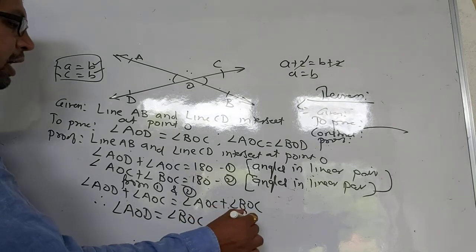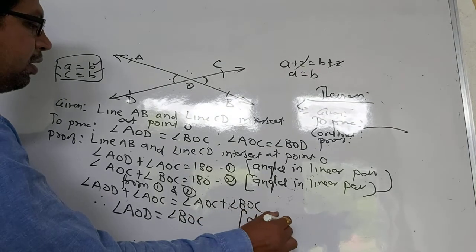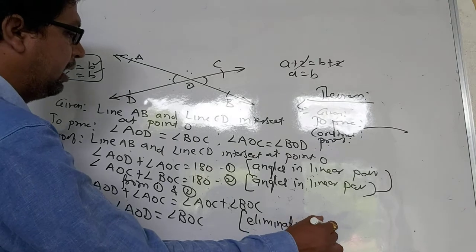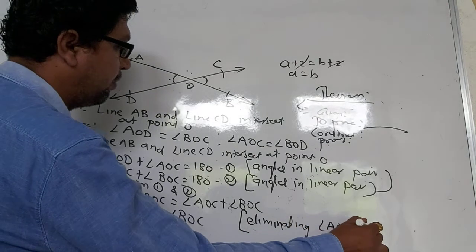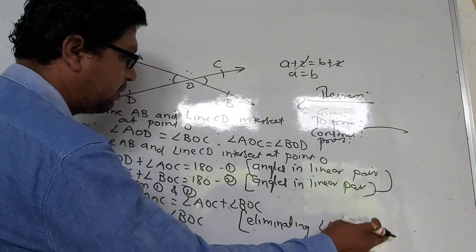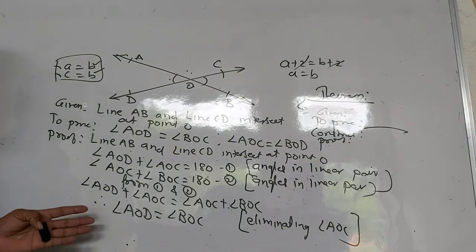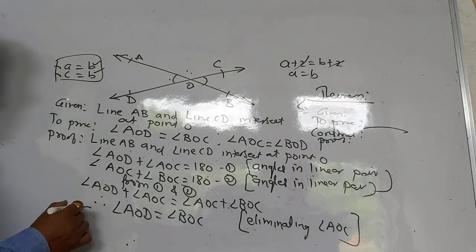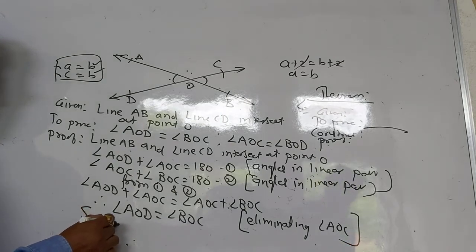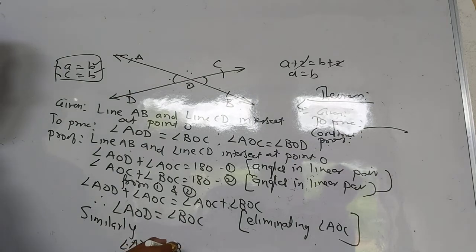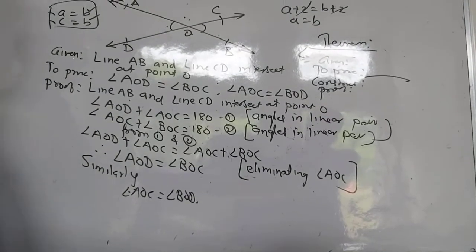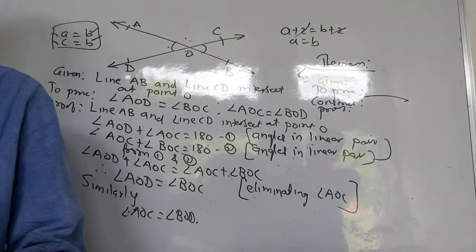You can give the reason, eliminating angle AOC from both sides. So first you got angle AOD and BOC. In the same way you will get angle AOC and BOD. So here I write similarly, angle AOC is equal to angle BOD. So we have proved this.